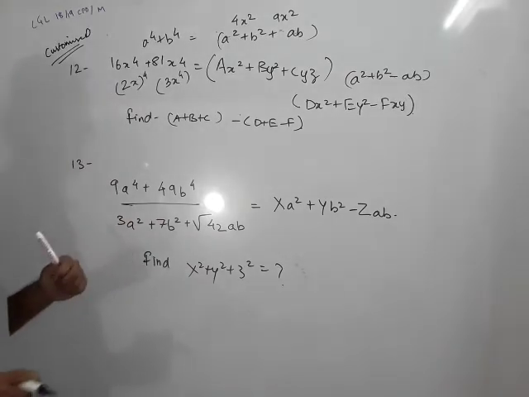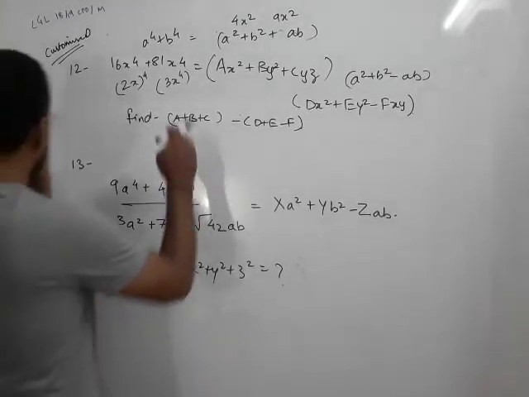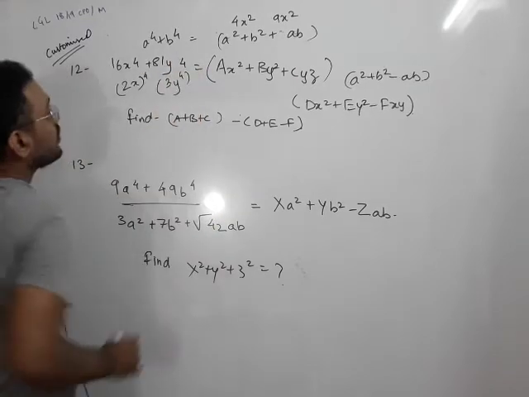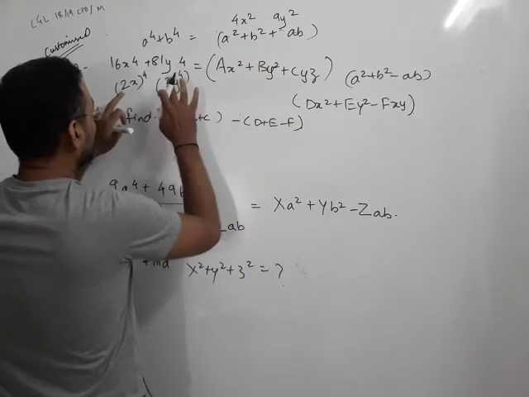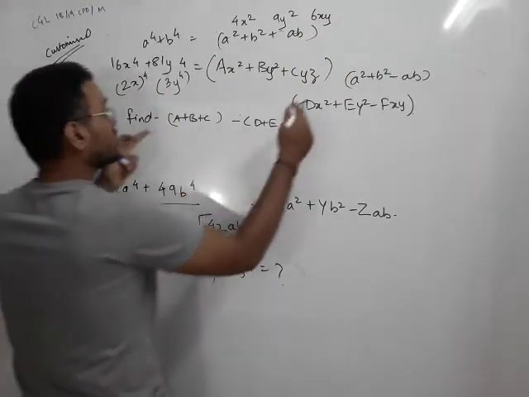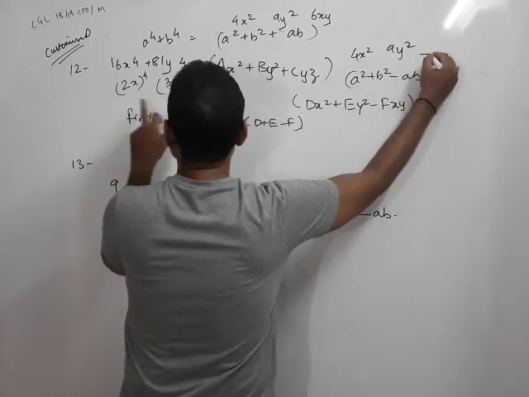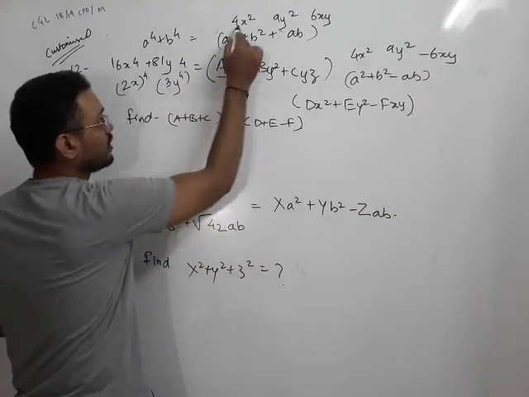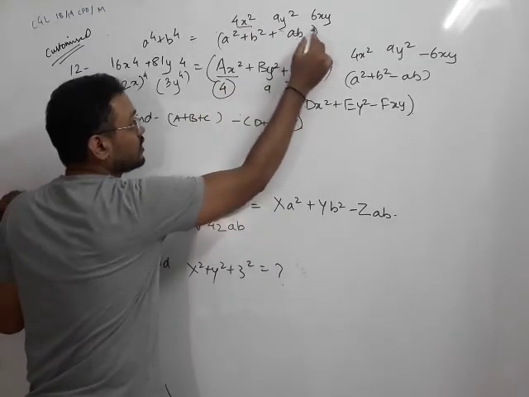Of course it's y raised to 4. So a into b is going to be 6xy. Similarly, a square again 4x square, 9y square minus 6xy, and you just have to equate the equations. A will be 4, b will be 9, c is going to be 6.